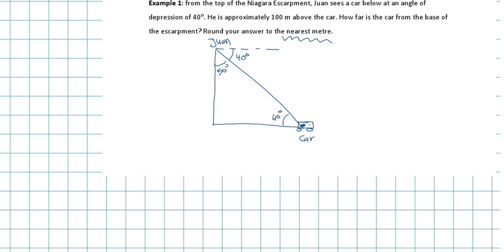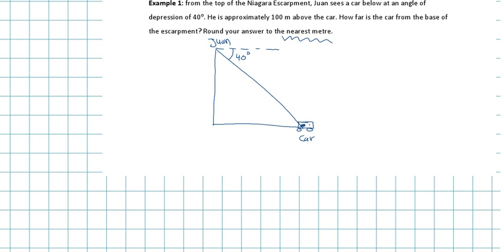Okay? Let's see, what else do we need? We know that Juan is approximately 100 meters above the car. So where would that 100 meters be? The tower, right? So he's 100 meters above.